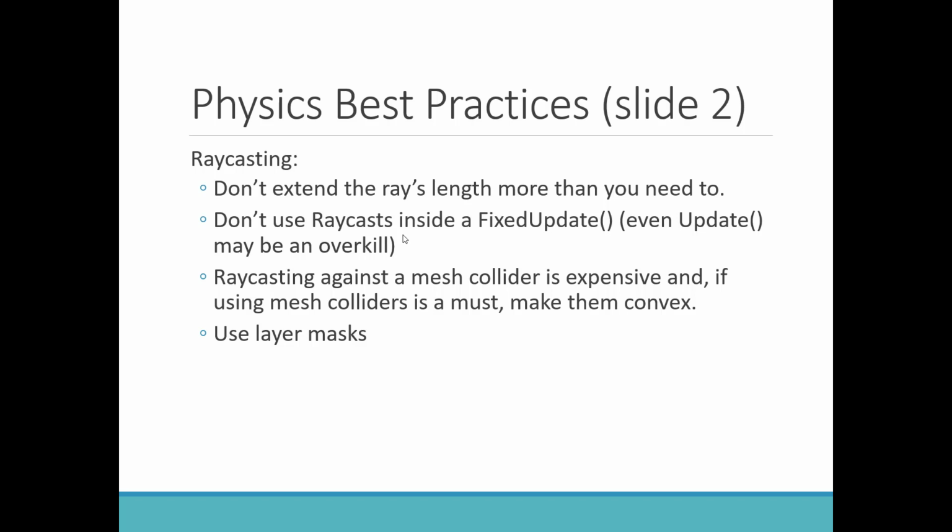So that's something that could be very useful. And then use layer masks. In the examples I gave, I did not use any layer masks, but you can actually use layer masks to determine what to interact with or not. So definitely look into that.